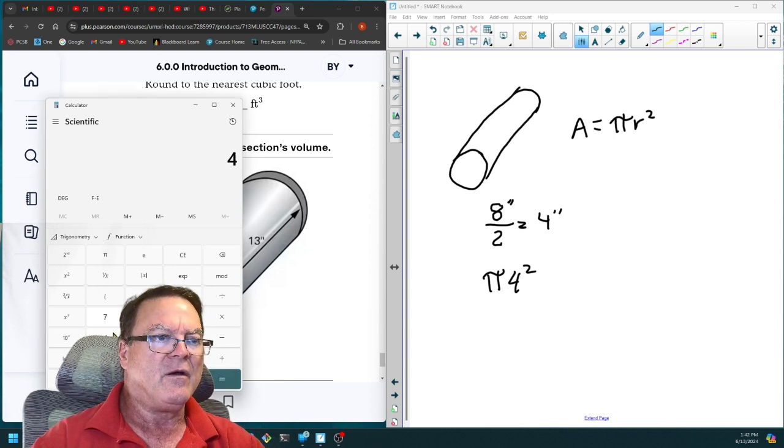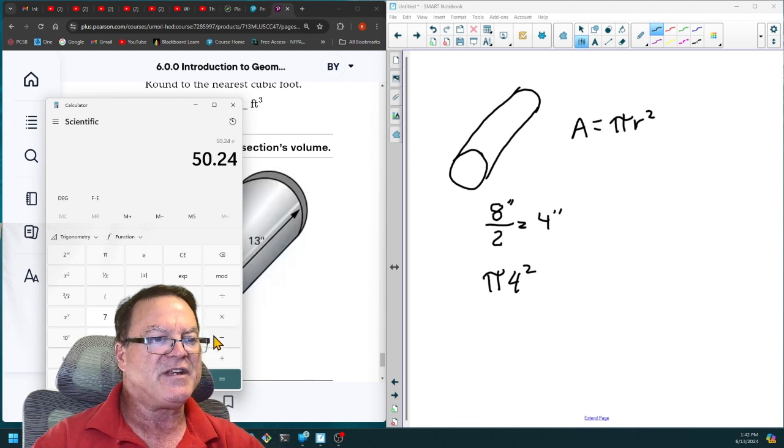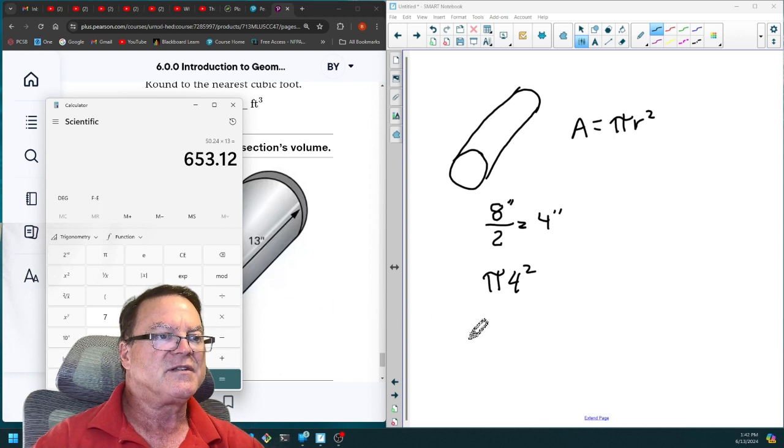There. 4 squared times 3.14 equals 50.24. That's the area of the circle. We'll multiply that times 13 inches to get 653.12.